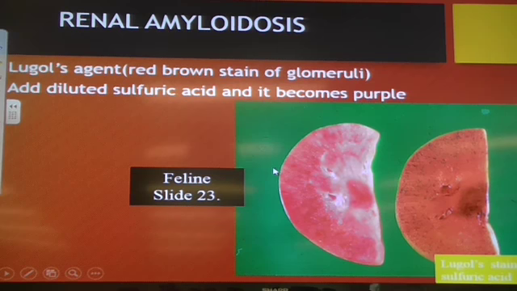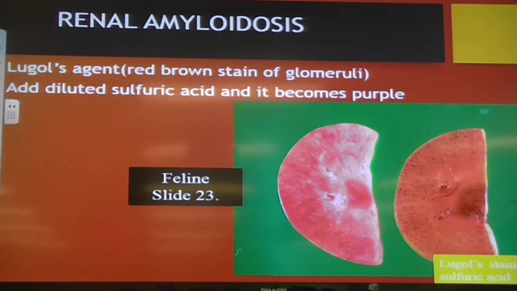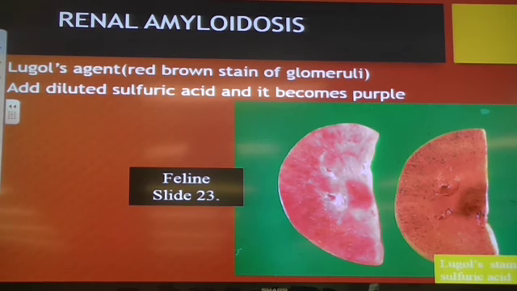If we're on the necropsy floor and we want to diagnose amyloidosis, let's say they send down a dog and they suspect amyloid deposition within the kidneys, this is one of the best stains that we could use. It's called Lugol's agent. It's a red-brown stain. So you apply it to the kidney. So this is the kidney before application of that stain. And you drop the Lugol stain.